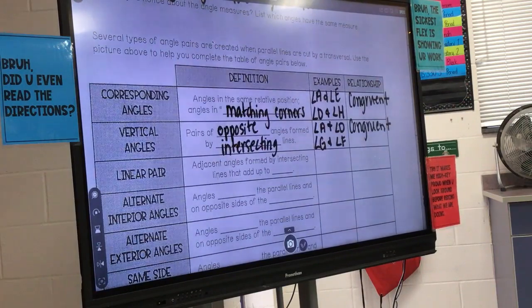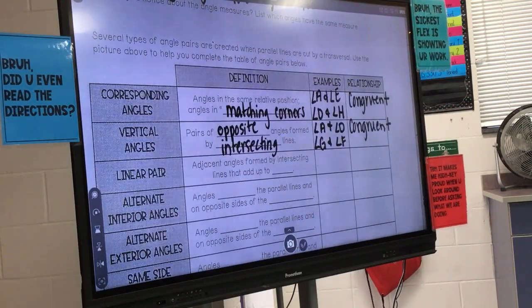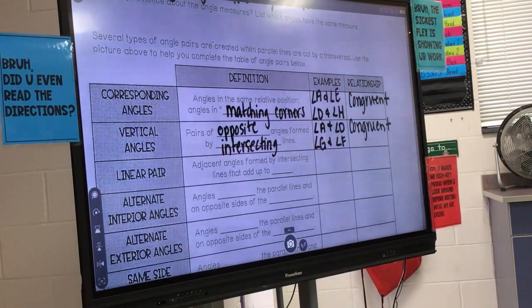Okay? If you have an entire circle, 360. So I'm saying an adjacent angle is angle A and angle B because they have to equal what? 180.